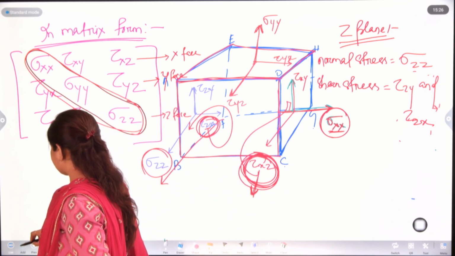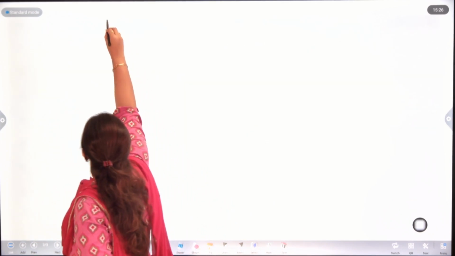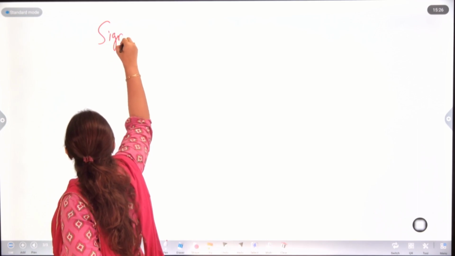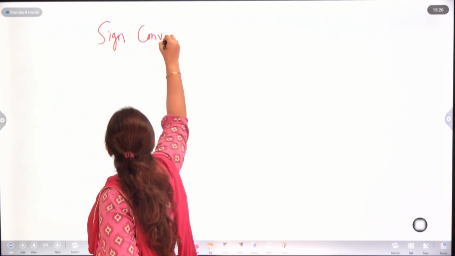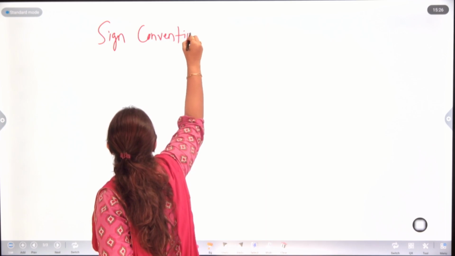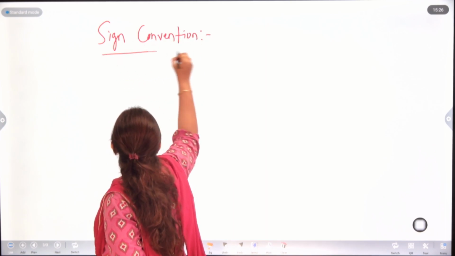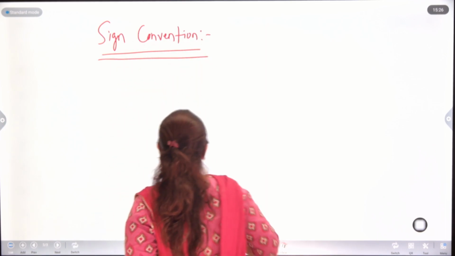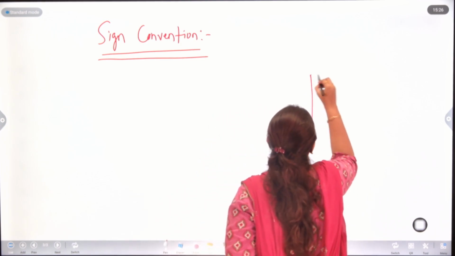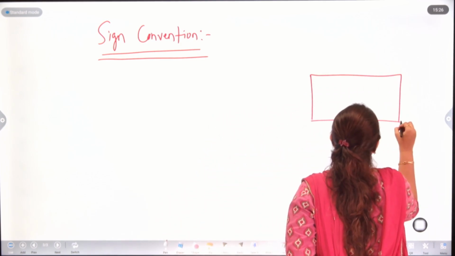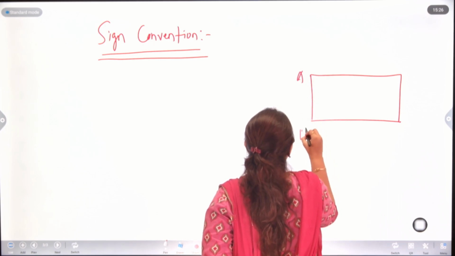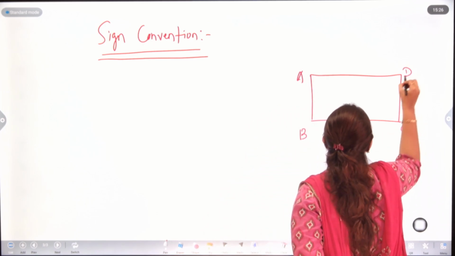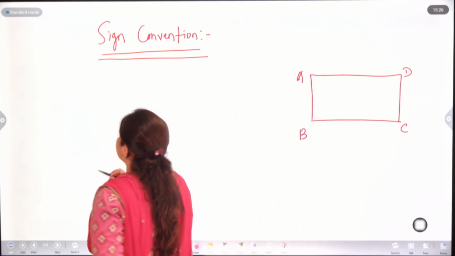Now we will understand sign convention. To know about sign convention, we need to draw one simple rectangle-shaped object. First, we will understand normal stresses.